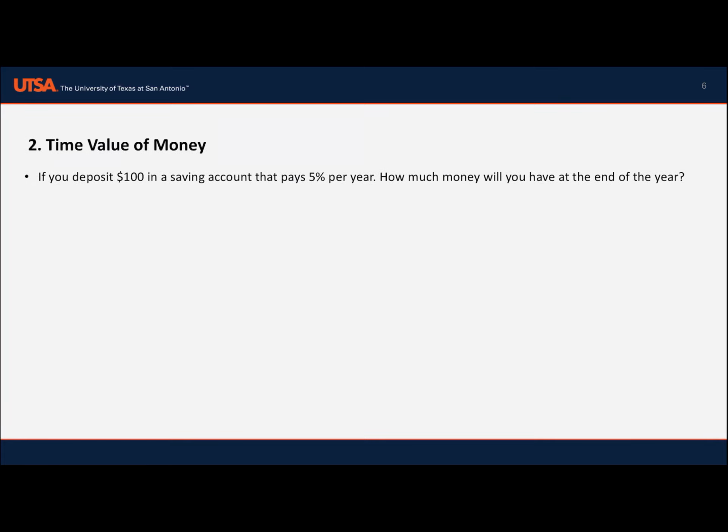If you deposit $100 in a savings account that pays 5% per year, how much money will you have at the end of the year? It's easy because you have the principal amount and you multiply by 1 plus the interest rate, and it is 105.